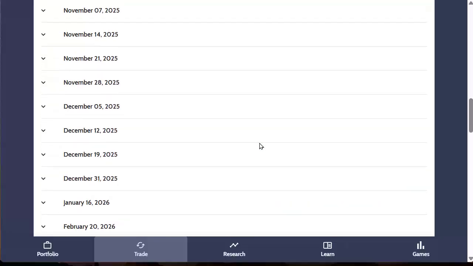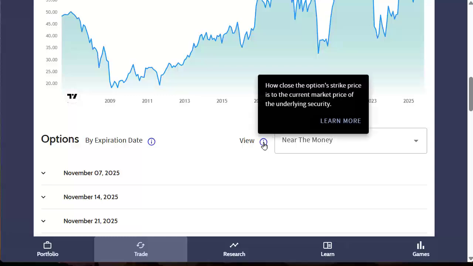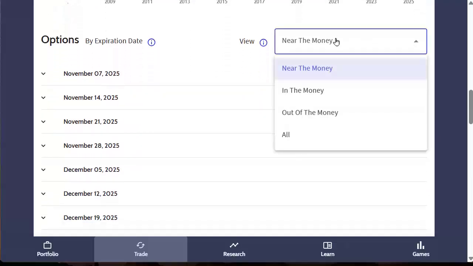So we have to scroll back up, and you'll see it says view near the money. And if we click on that, it talks about strike price. When we click on near the money, we'll see there's several choices: near the money, in the money, out of the money, and all. So we're going to do all. Again, this is up near options expiration date.